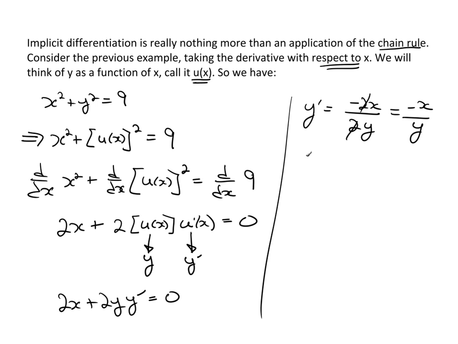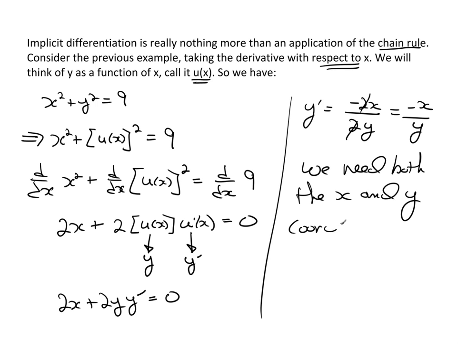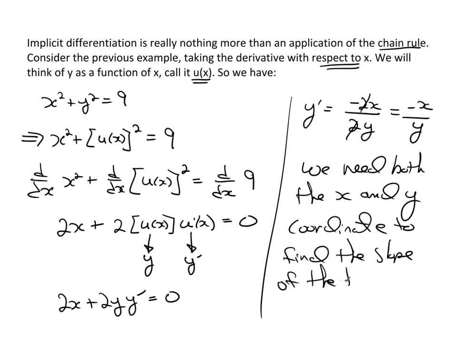What this is saying is we need both the x and the y coordinate to find the slope of the tangent line at that point.